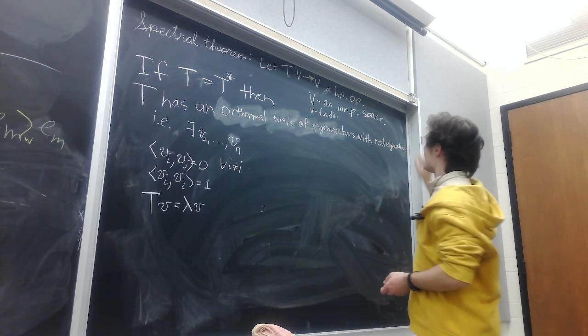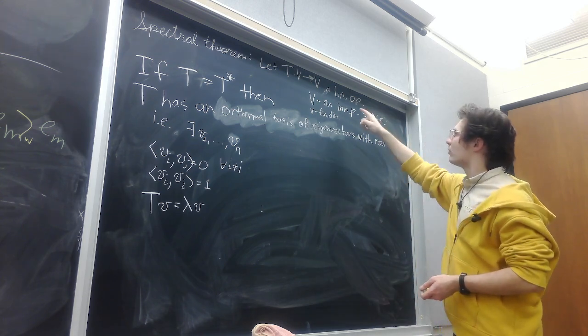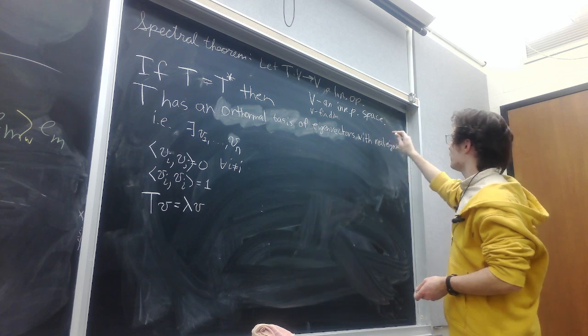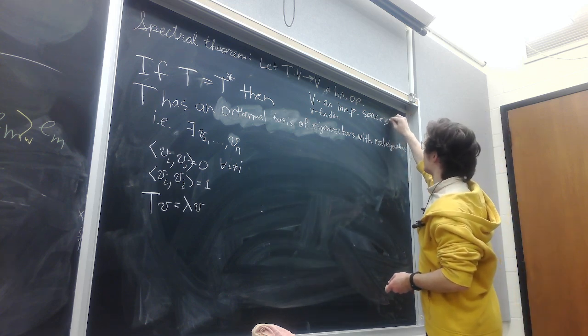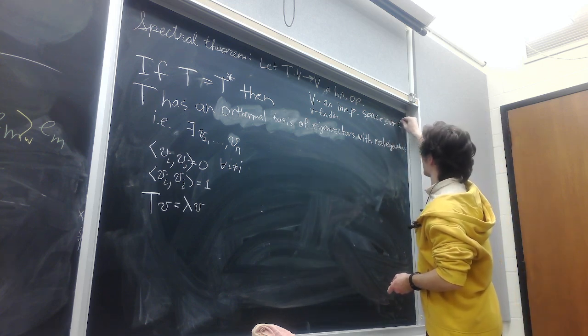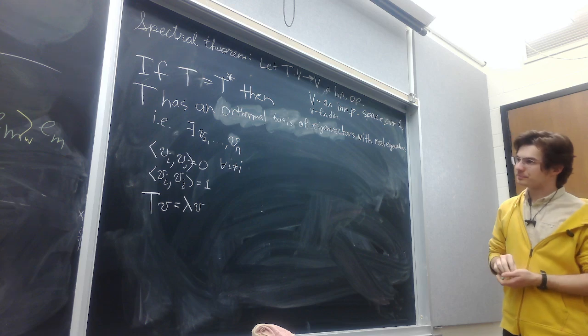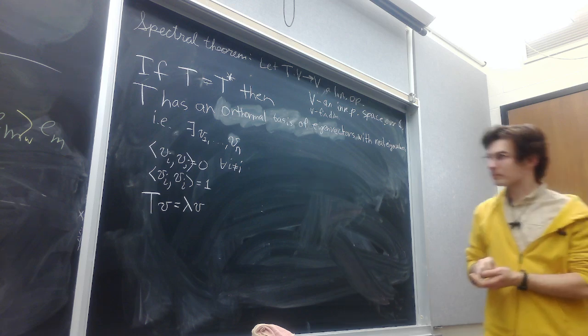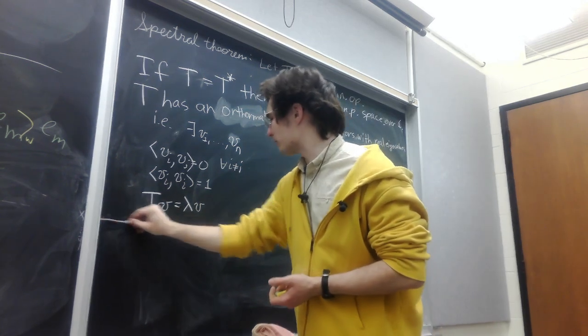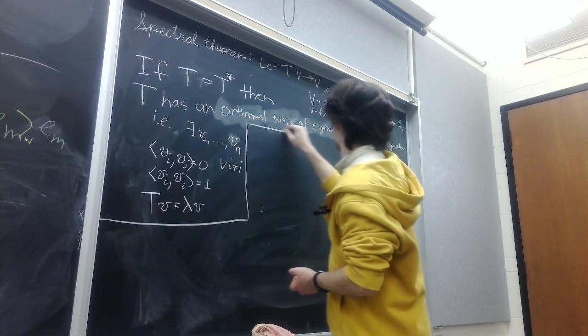And actually, I lied to you. V is not just an inner product space. It's an inner product space over C. Sorry, this is very important. So this is the spectral theorem, at least in the finite dimensional case.